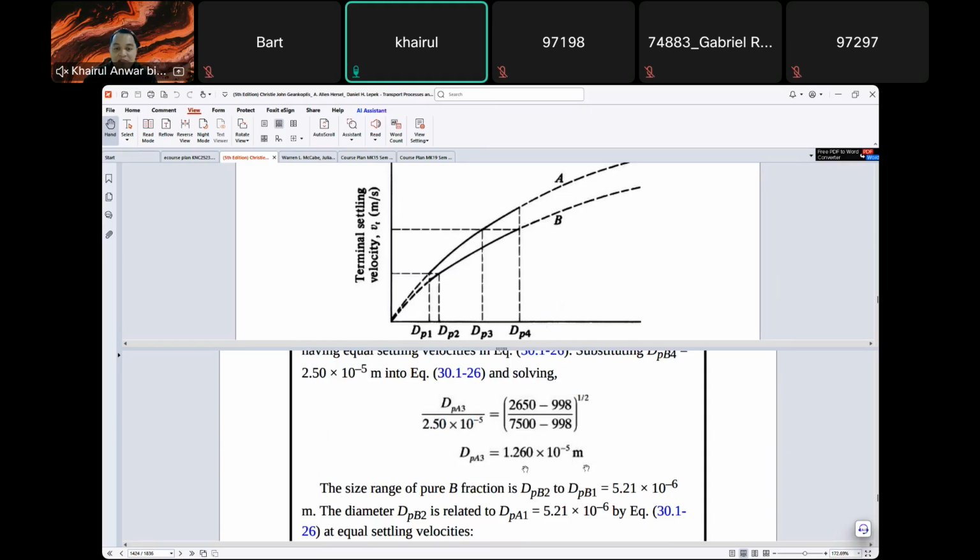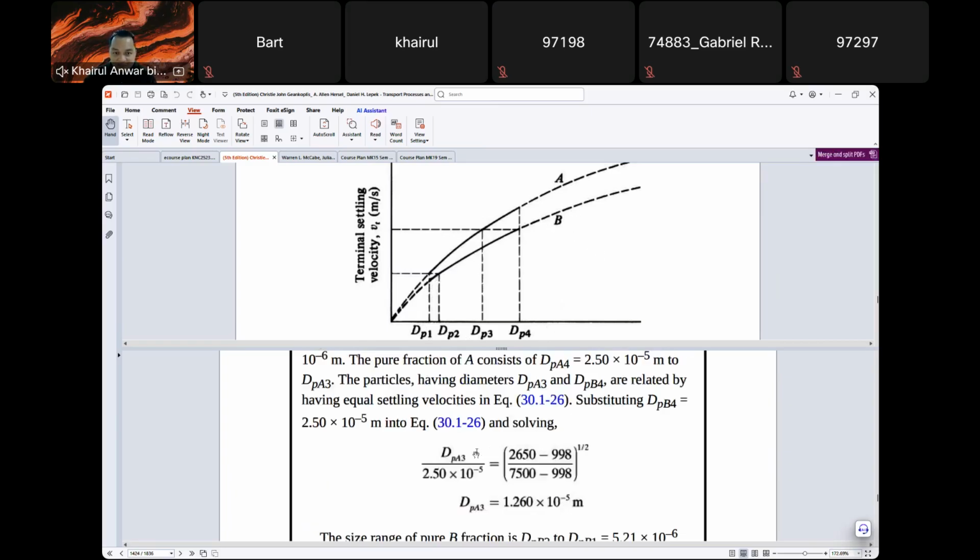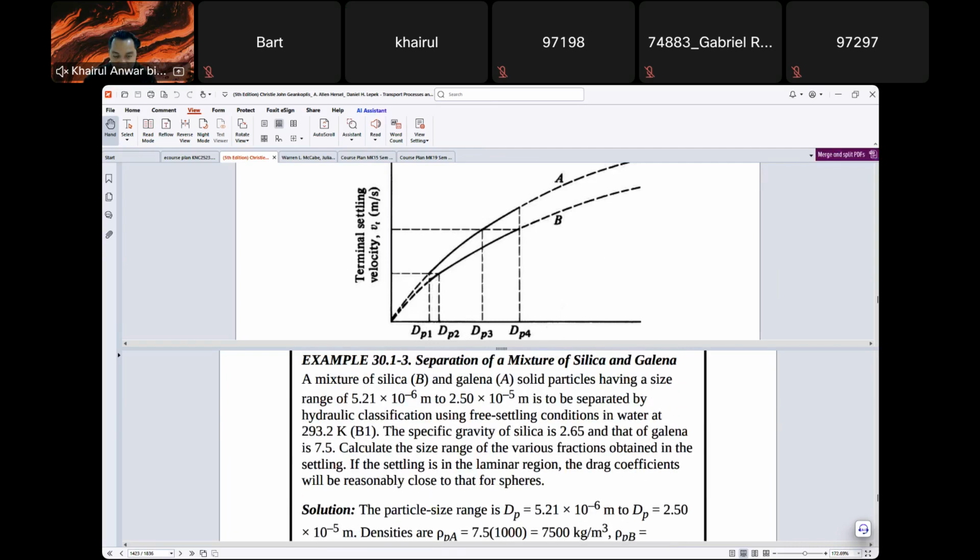The translation of the pure B fraction is dpb2 to dpb1. So dpb2 and dpb1 here are specifically for particle B, or material B. In this case, it's silica.